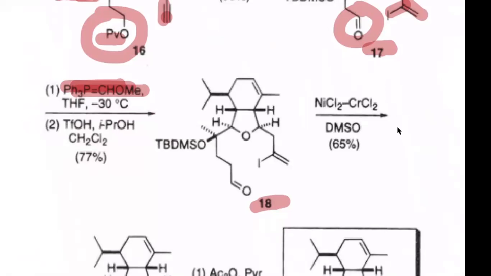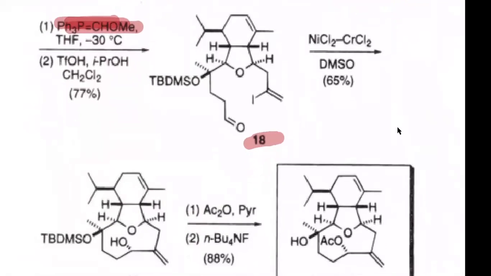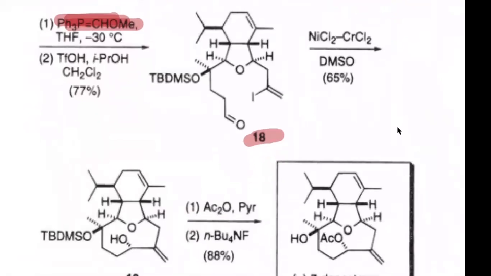And then the last step, they actually just closed the ring up using this nickel technology, where it's almost like a Grignard type technology, where they converted the vinyl iodide basically into a nickel nucleophile, and they just attacked right here.